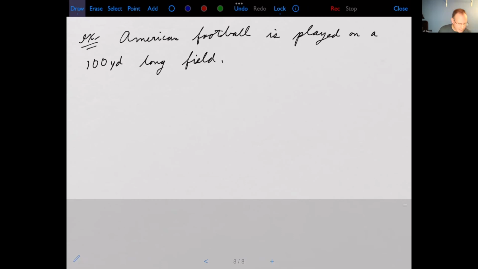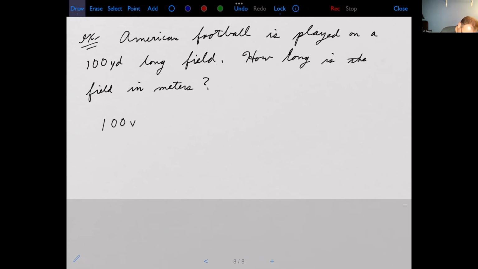And all we want to know is how long is the field in meters? Okay, so I'm given that the length is 100 yards, right?